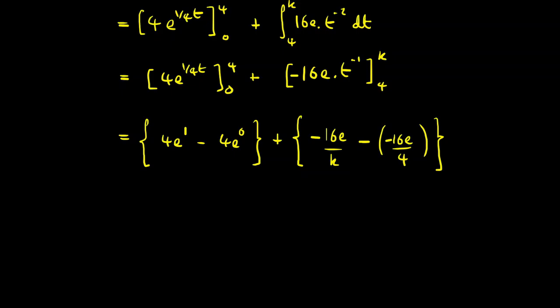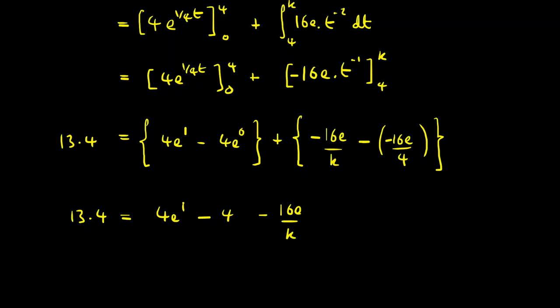All right, then. Now, we know that all of this has got to be equal to 13.4. So 13.4 is going to be equal to 4e to the power of 1, minus 4e to the power of 0. Now, e to the power of 0 is just equal to 1, so this is minus 4 here. Minus 16e upon k.